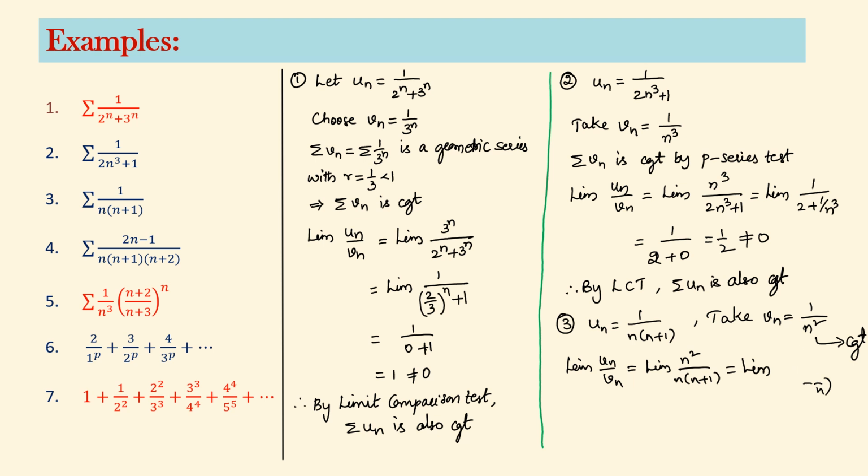So I'll write directly 1 by 1 plus 1 by n. Now taking n tends to infinity, we have 1 by 1 plus 0, which is 1 and is not equal to 0. So by limit comparison test, summation Un is also convergent. So all problems are quite easy. We should be able to calculate the limits. That's all. Choosing Vn is also easy.